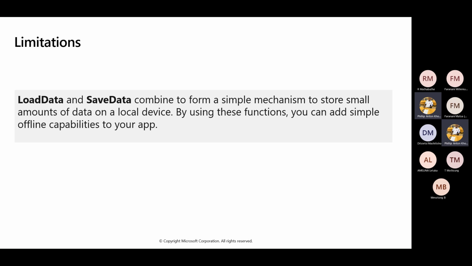So if you store more than a few megabytes of data, test your app with expected scenarios on the devices on which you expect it to run. You will generally have about 30 to 70 megabytes of memory available, right?